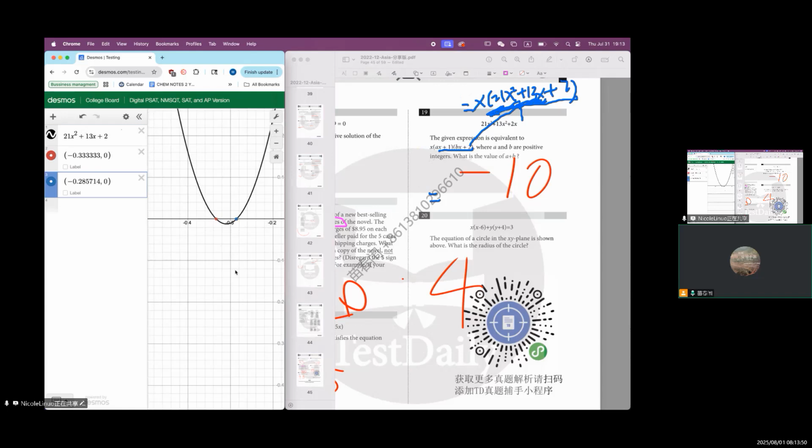Why don't you just expand that, if you get confused with it? Isn't that abx squared plus bx plus 2ax plus 2, right? So ab is 21, right? And 2a plus b is 13.